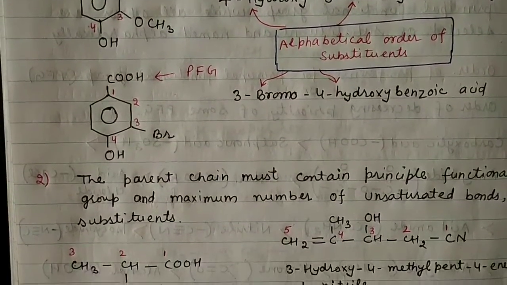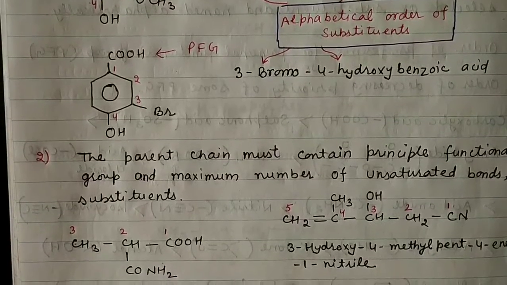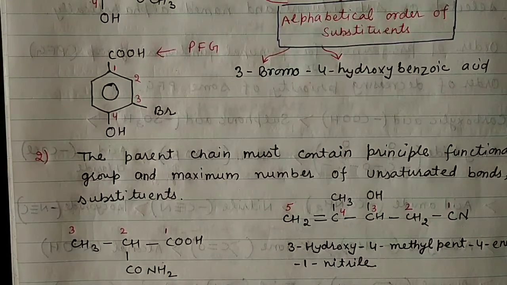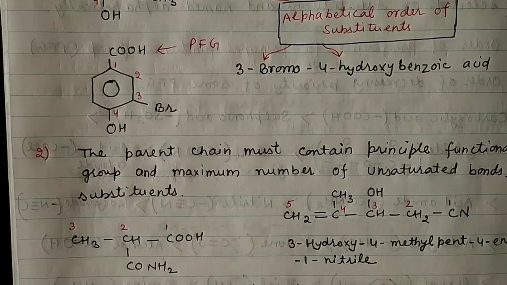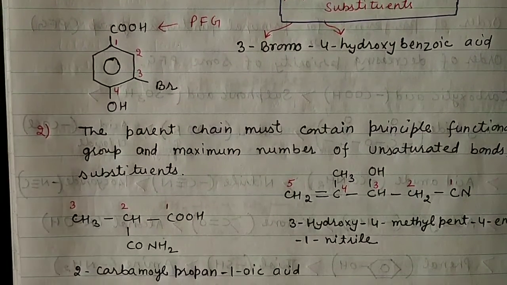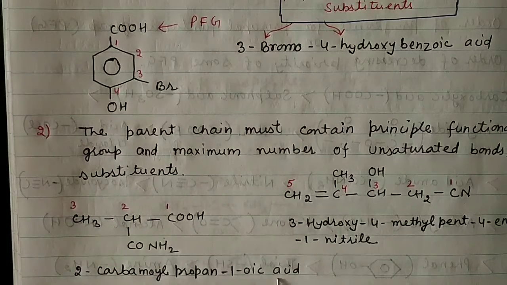So the parent chain must contain the principal functional group. In this case, CH3CH(CONH2)COOH. So this is the principal functional group, and this should be given number 1. The name for this compound is 2-carbamoylpropanoic acid.